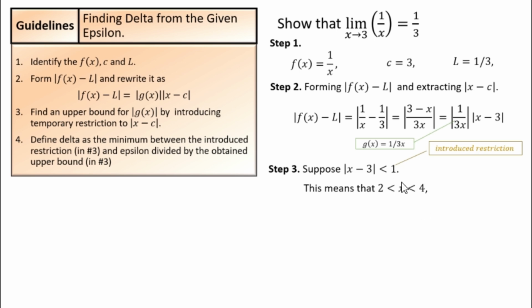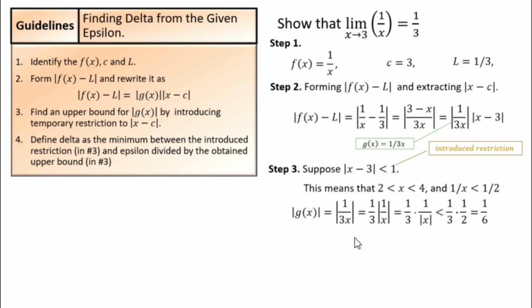Maybe you could use a very small number. An upper bound for the absolute value of g of x can be identified using this additional restriction. You can find the upper bound for that factor that came out. So for example, in this case, g of x will be found to be 1 over 6.